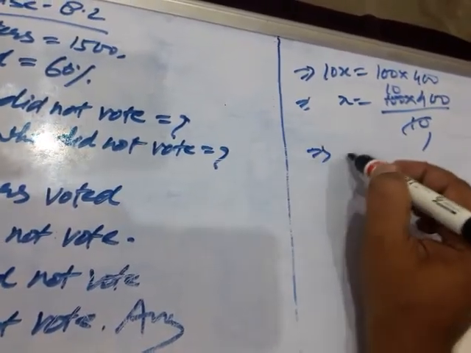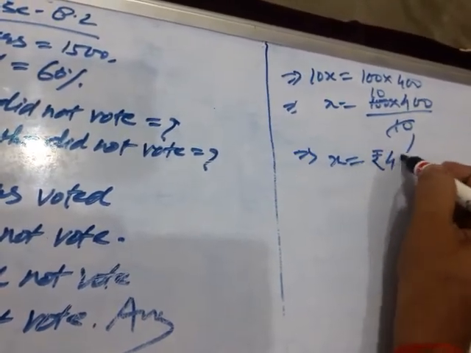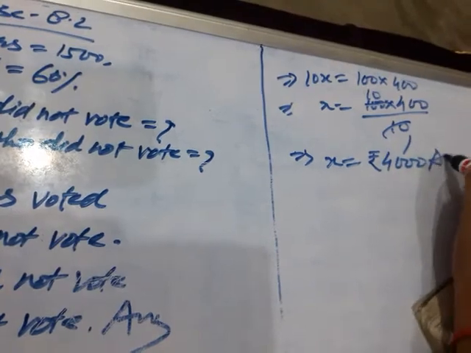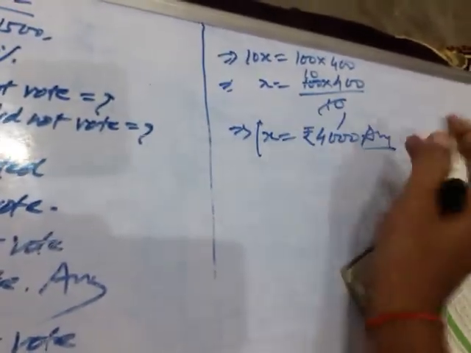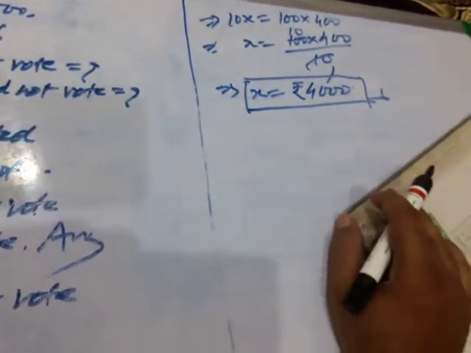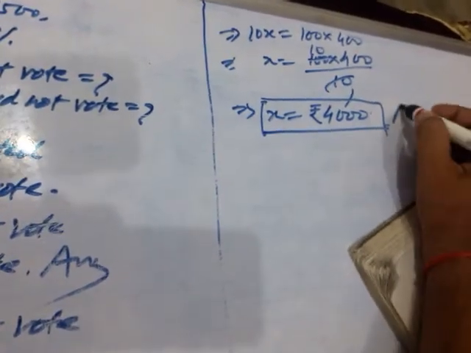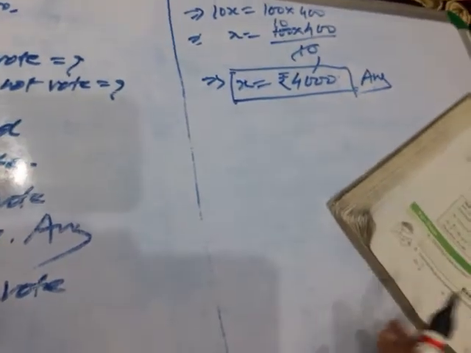This implies that x equal to 400 multiplied by 10, that is rupees 4000. So children, see, Meeta's total salary was rupees 4000, and its 10% was 400 that she could save.